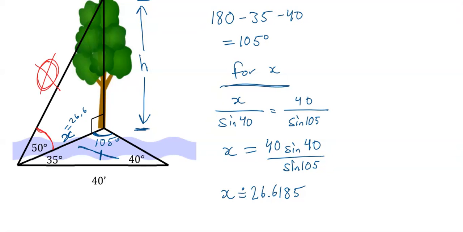Stick with the 50, which means this is opposite. And 26.6 is adjacent. Opposite over adjacent is tan.